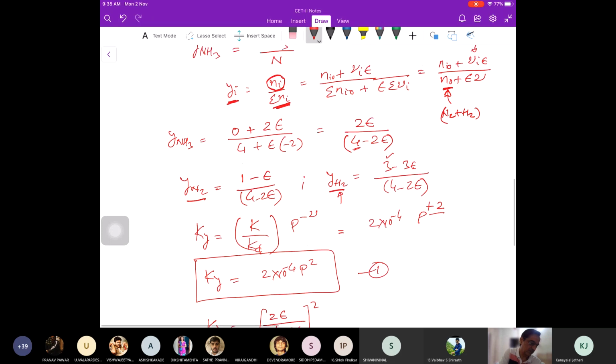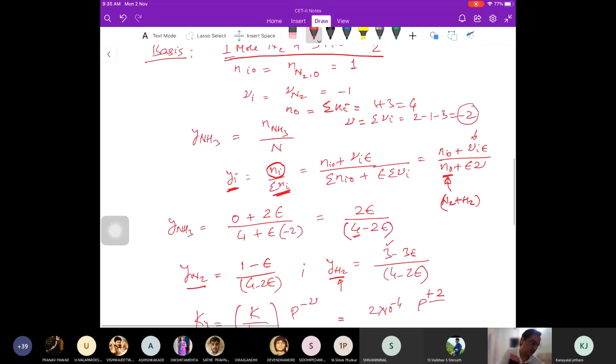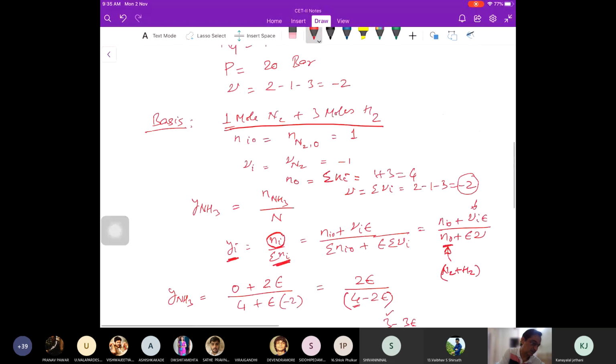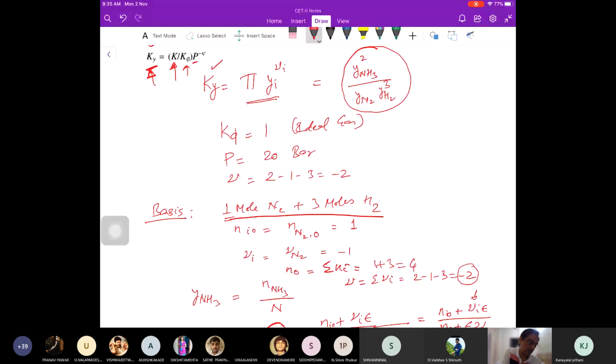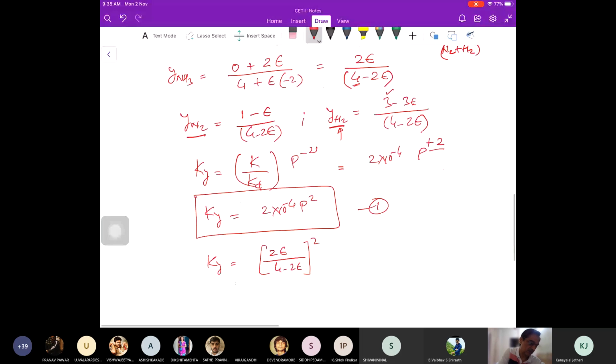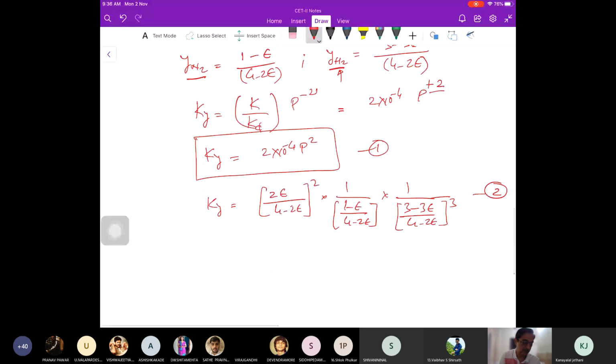That is y ammonia square, right? y nitrogen is 1 minus epsilon upon 4 minus 2 epsilon, into 1 upon हाइड्रोजन का क्यूब. ठीक है, समझ में आया इक्वेशन 1 एंड इक्वेशन 2?